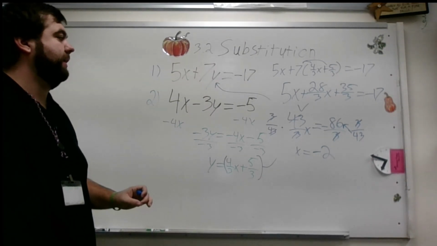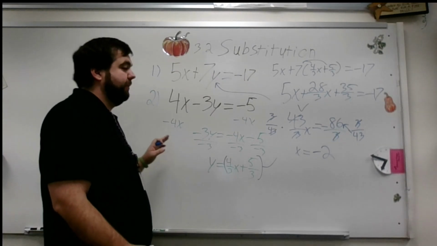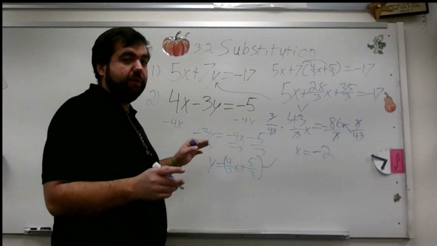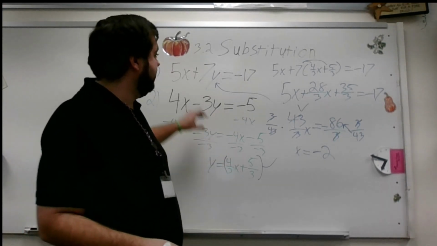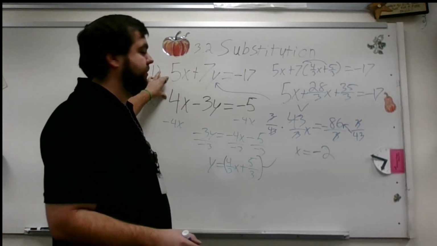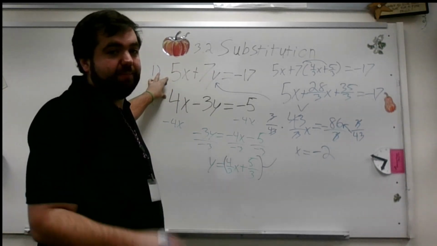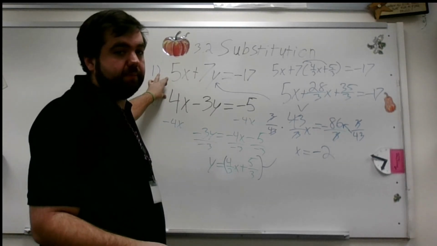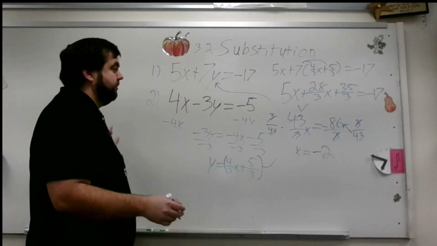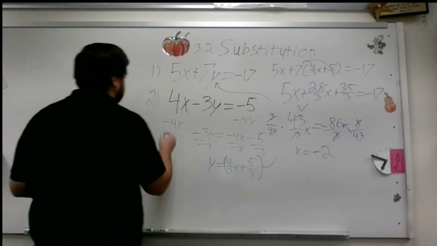So we're halfway there. From here, we take our x and we plug it in for x in either equation. It doesn't matter. Okay? So, I'm just going to plug it into the bottom one.